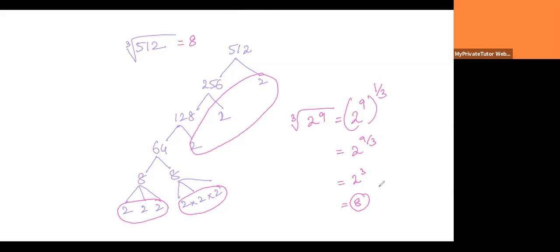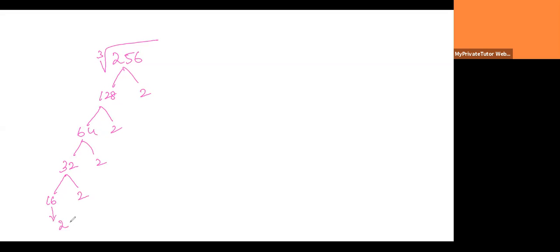Okay, let's take one more. 256 is fine, right? I think we already found it many times. Okay, 128, 2, and then 64, 2, and then 32, 2, and then 16, 2, and this is nothing but 2 power 4.